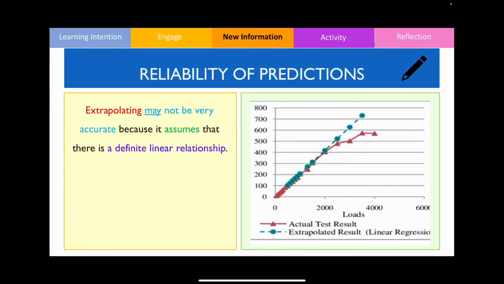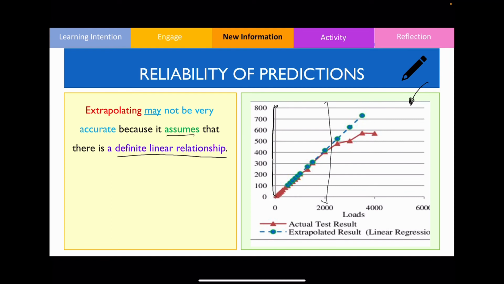I'd like to further add that when we're making estimations via extrapolation, this can be very inaccurate because you're assuming that there's going to be a definite linear relationship that lies within that range as well. Let me show you what I mean by this. If you look at the example on the right hand side over here, they've conducted data between the ranges of 0 to 2000.